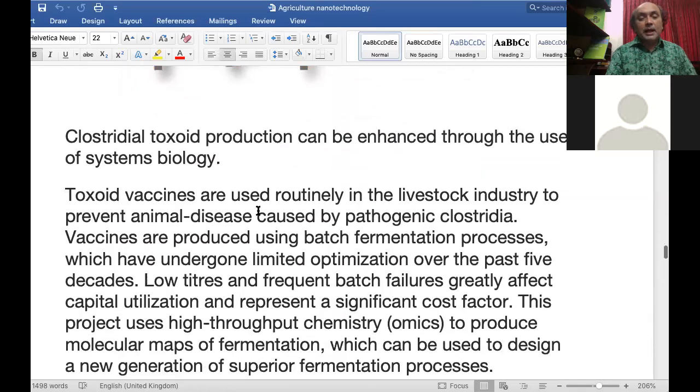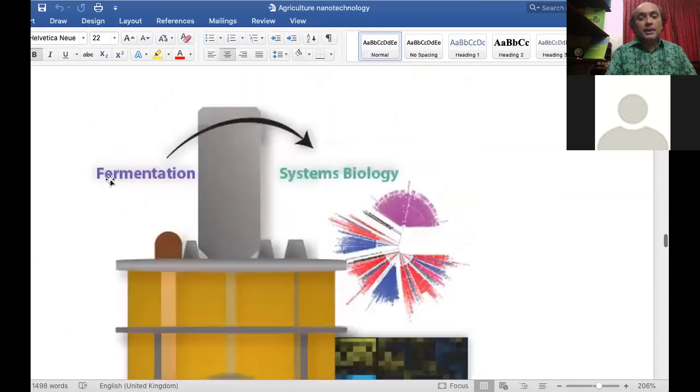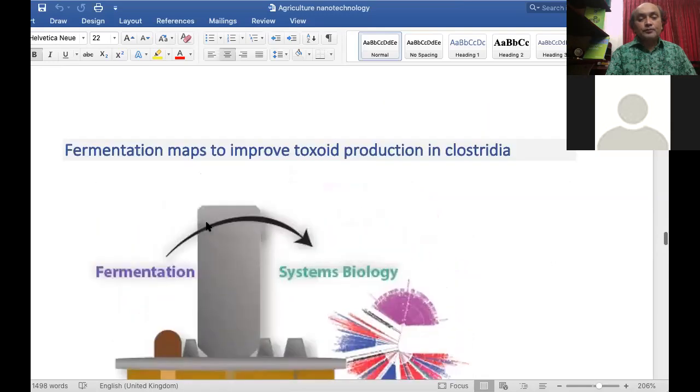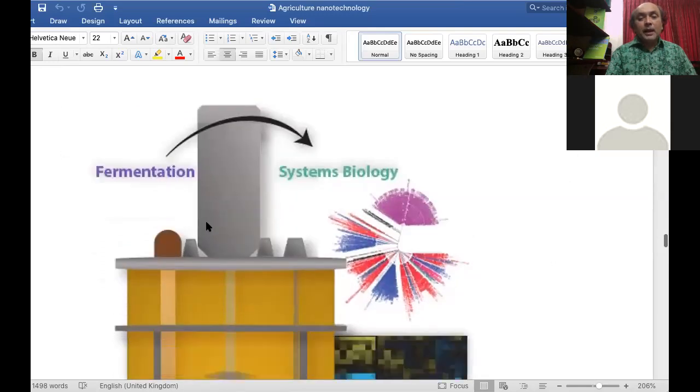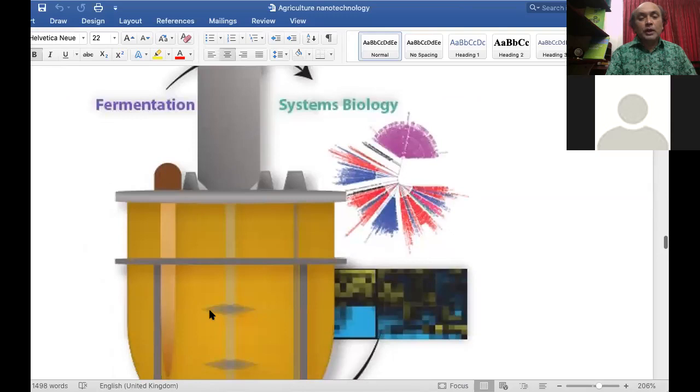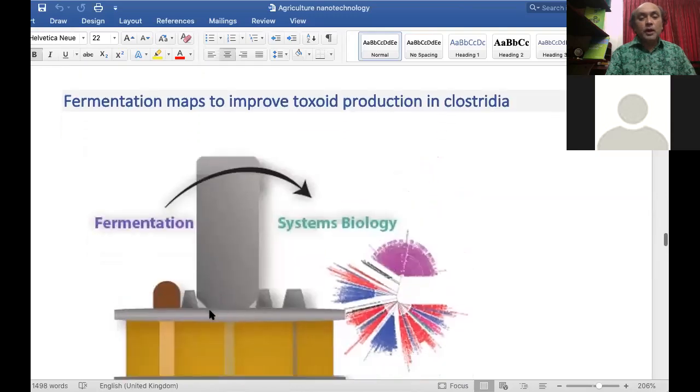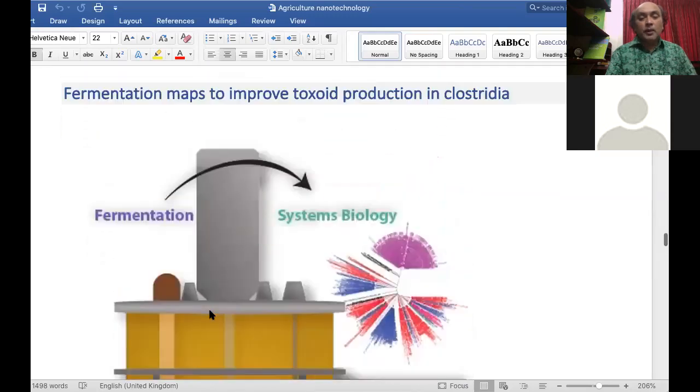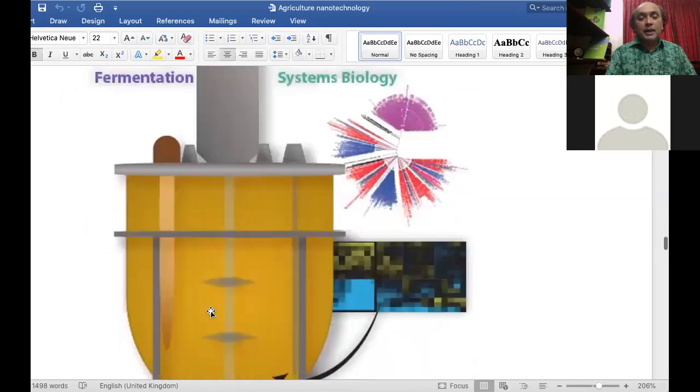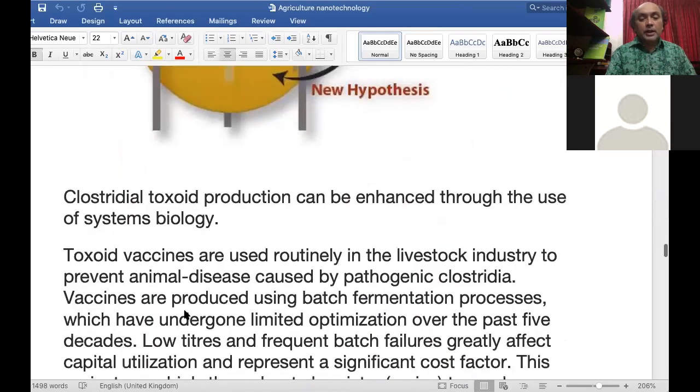Toxoid vaccines are used routinely in the livestock. Toxoid means one kind of vaccine. So that vaccine production also can be done through the fermentation of materials by utilizing the Clostridium bacteria.